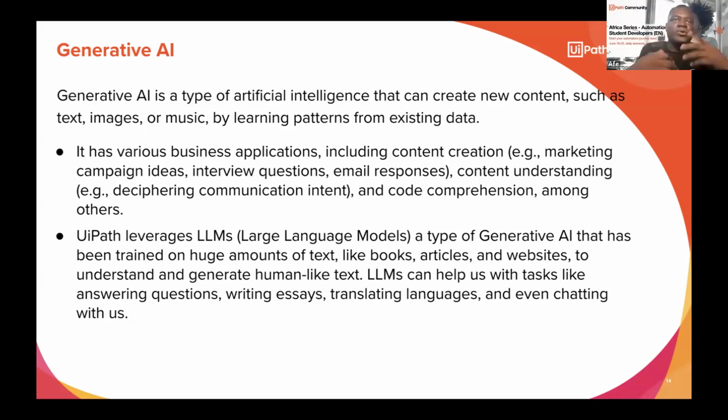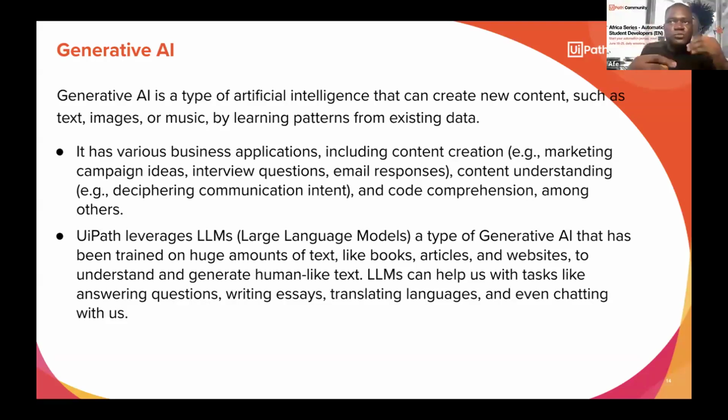So we've seen many software platforms try to incorporate Gen AI into their architecture and into their products. So that's why it's commonly said that Gen AI has various business applications, including content creation or content understanding, code comprehension, amongst others. Now, UiPath leverages large language models.